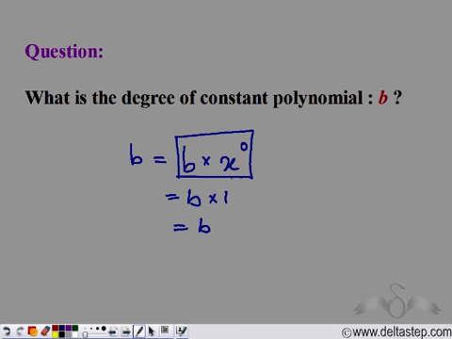So the highest power of the variable here is 0. So the degree of the constant polynomial b is 0. And this is the reason why in ax + b, we cannot have a as 0. Because if a is 0, this will simply become b, and the degree of this is 0. So this will no longer be a linear polynomial. In this linear polynomial, we cannot have a as 0.